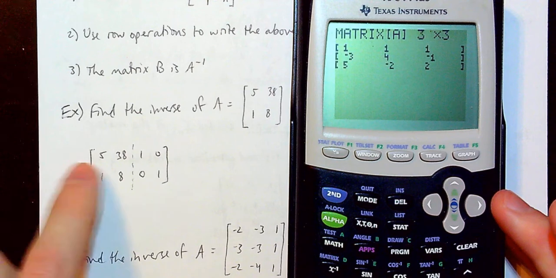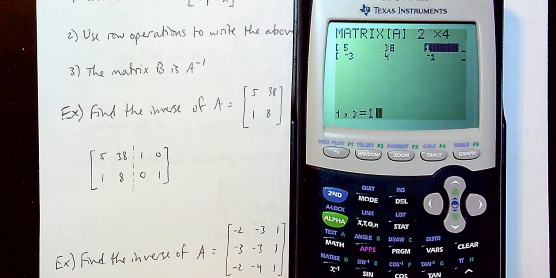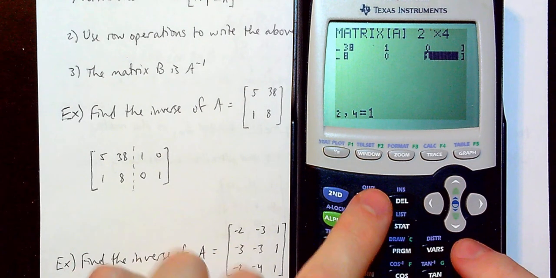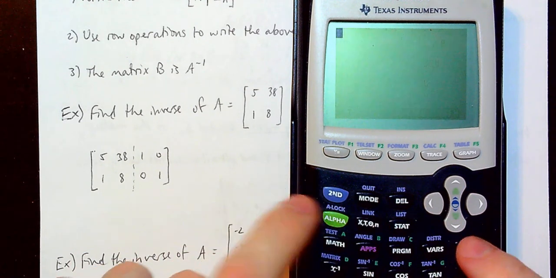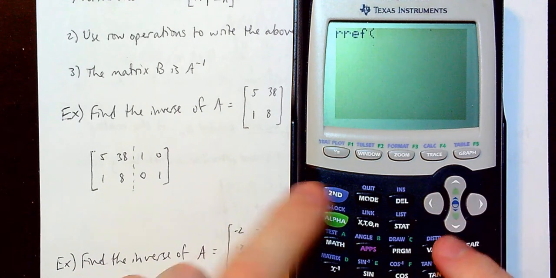It's a 2x4 matrix. So 5, 38, 1, 0, and 1, 8, 0, 1. And I'm going to take this matrix and put it in row-reduced echelon form.